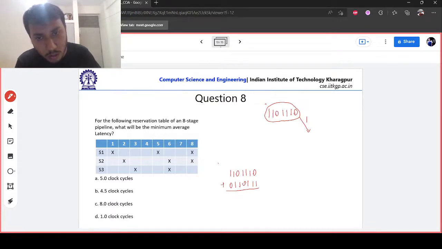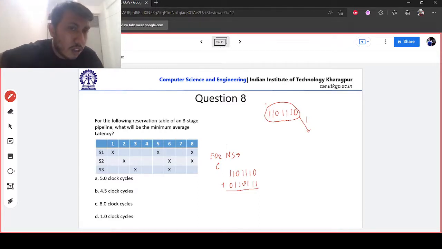For the next state, for this latency 1, we shifted it by 1 and ORed it with the collision vector. We will always OR it with the collision vector no matter what happens.